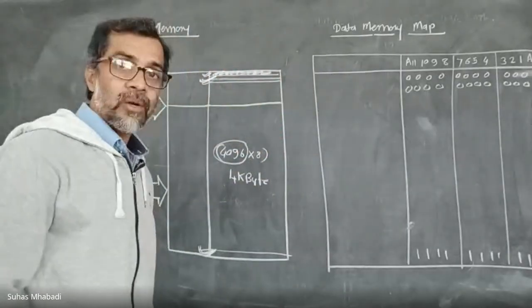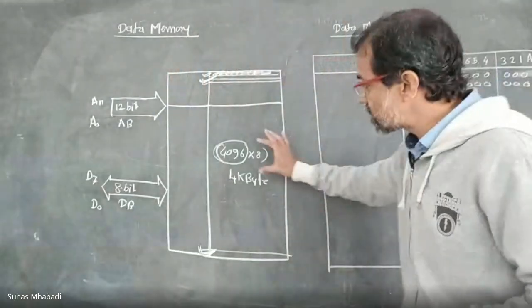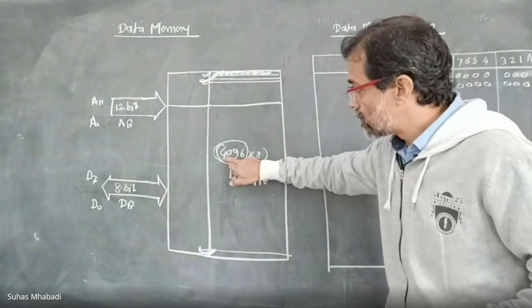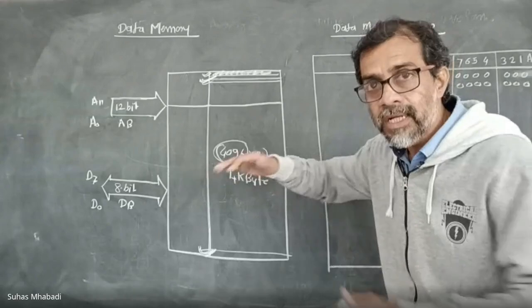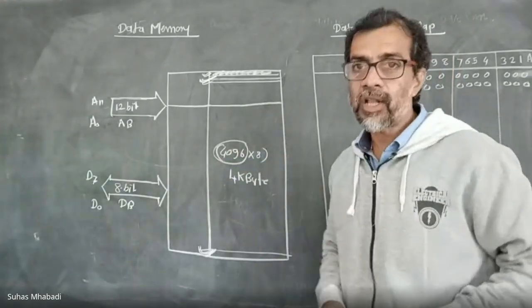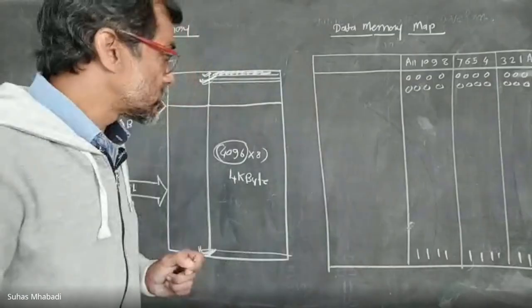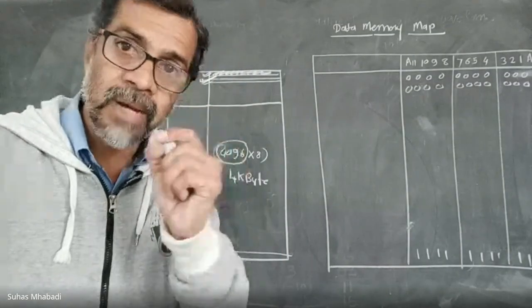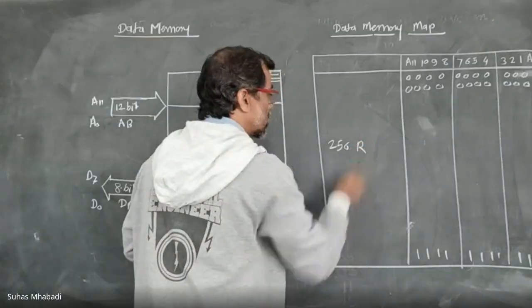Now what they have done, they try to segregate the entire 4,000 locations into a number of banks, and they call those banks memory banks. They have formed a first bank of 256 registers.